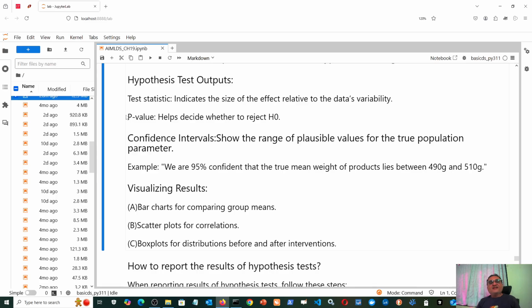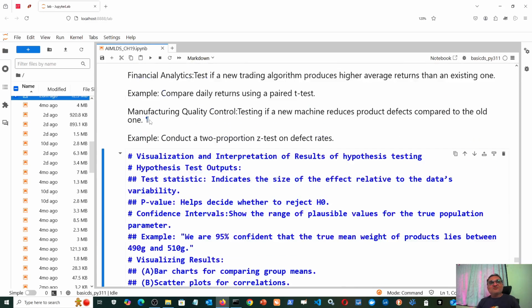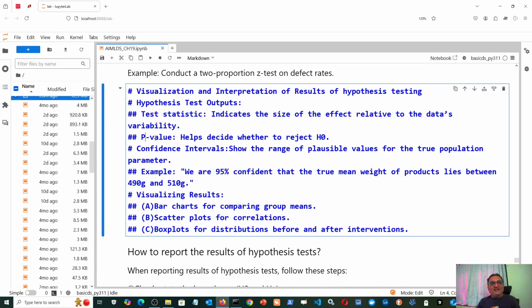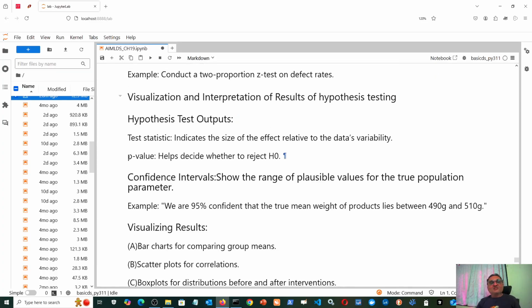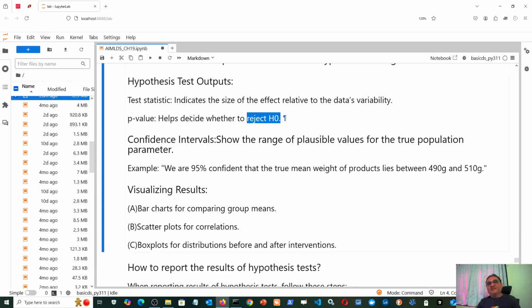And second is always the p-value, because the test statistic is fine, but from the test statistic we don't finally draw the conclusion. We always draw the conclusion from the p-value. From the t statistic we find the p-value, from the f statistic also the p-value, from the z score also we find the p-value. If the p-value is less than alpha, the significance level, then we can reject the null hypothesis. If p is greater than alpha, then we fail to reject the null hypothesis.